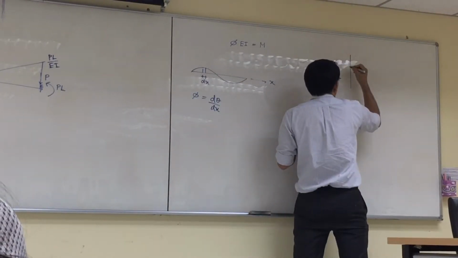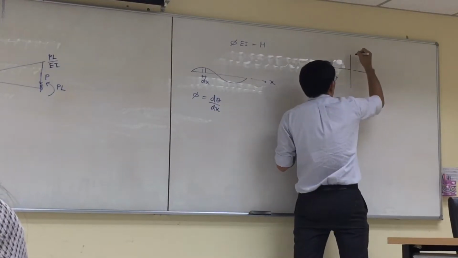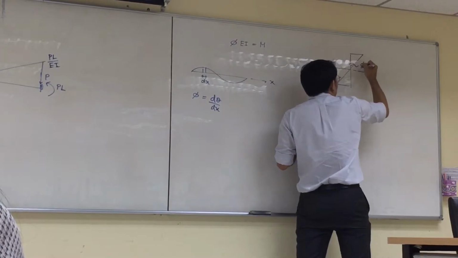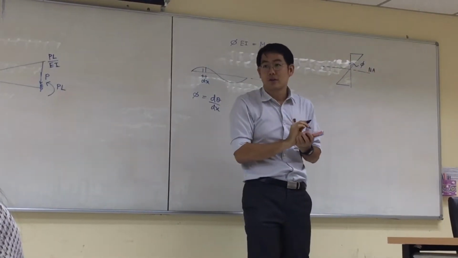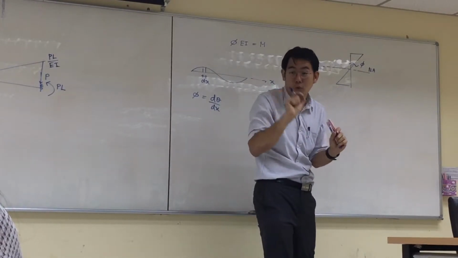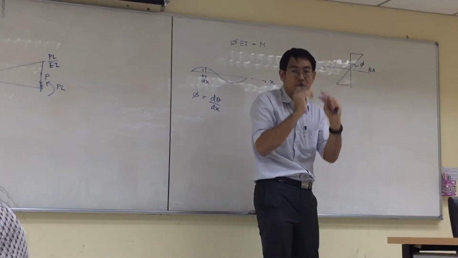If you want to elaborate a little bit, if this is the neutral axis, this is your curvature. So curvature is at one point x. You know that at that point, there's a change of the angle.